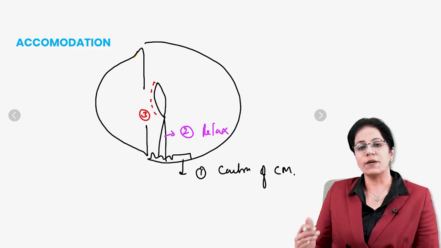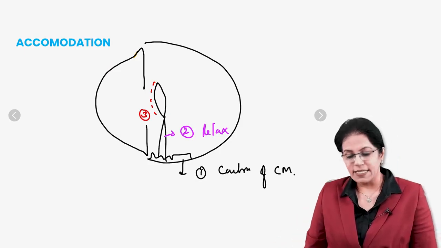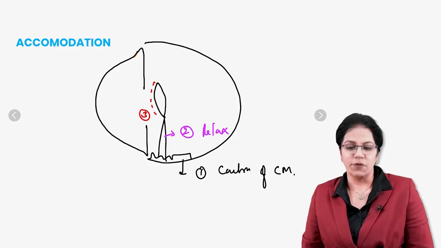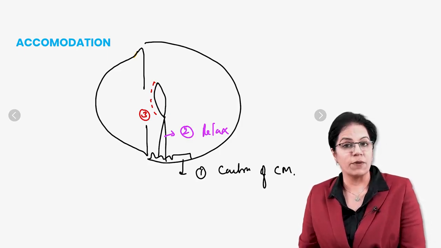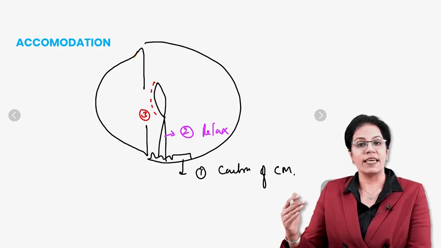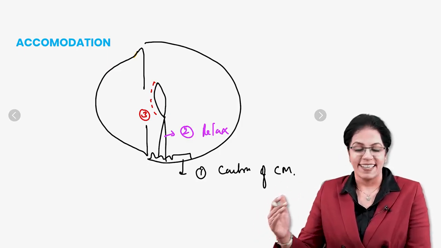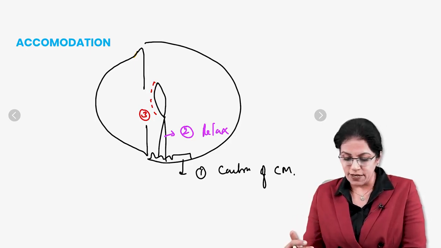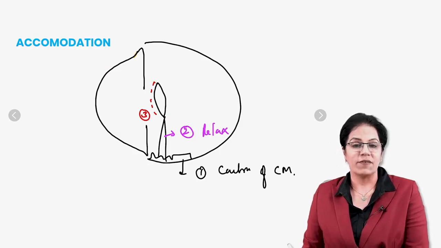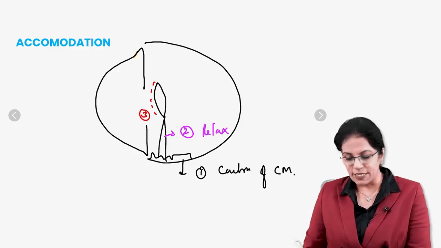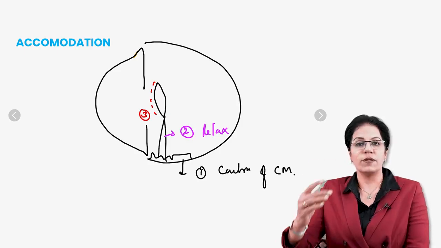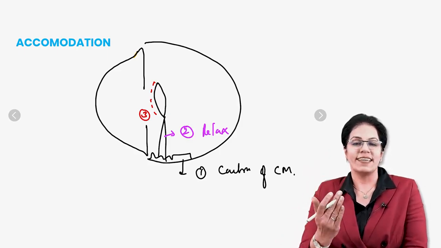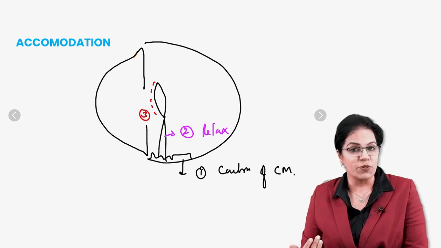When you're talking about accommodation, from an optics point of view, we also know that after the age of 40 years, your ciliary muscles are weak. We have learned this. The lens becomes more rigid. So now when you're looking from far to near, the increase of curvature is not happening so smoothly.